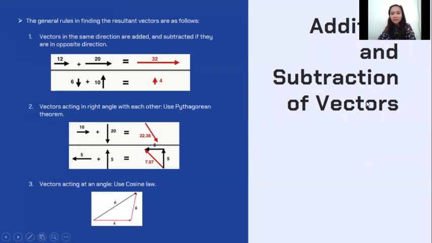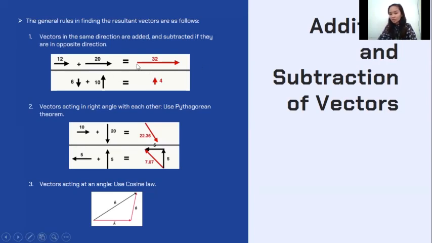Okay, so we have here general rules in finding the resultant vectors. So merong tatlo. These are rules in addition and subtraction of vectors. For number one, vectors in the same direction are added and subtracted if they are in opposite direction.